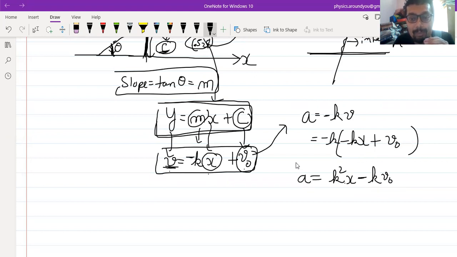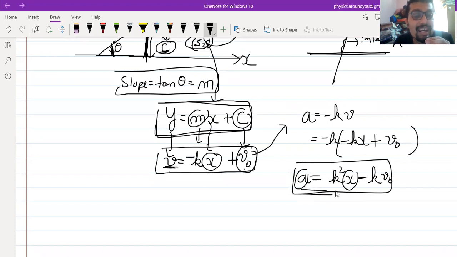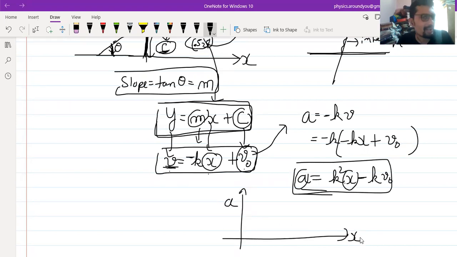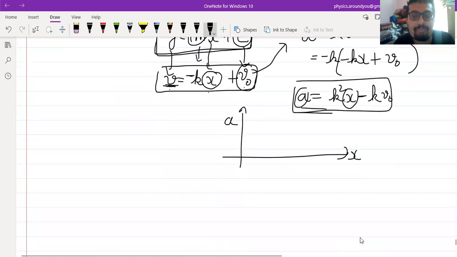So this becomes acceleration on the LHS, position on the RHS. So with this, I can plot the acceleration versus position graph. Okay, try doing this. How will this be? I know the equation now. a is equal to k square x minus kV naught.